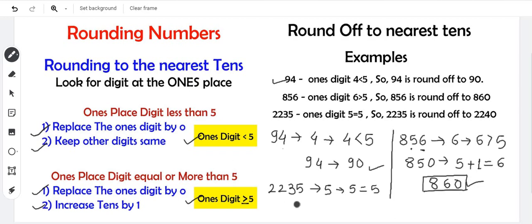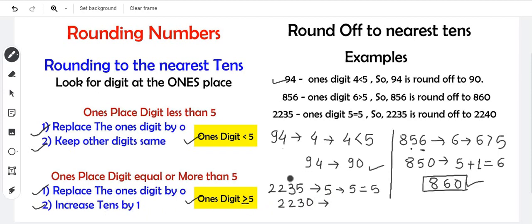It means replace the ones digit by 0. In 2235, the ones place is 5, and it is replaced by 0. Is that clear? The second rule is increase tens by 1.